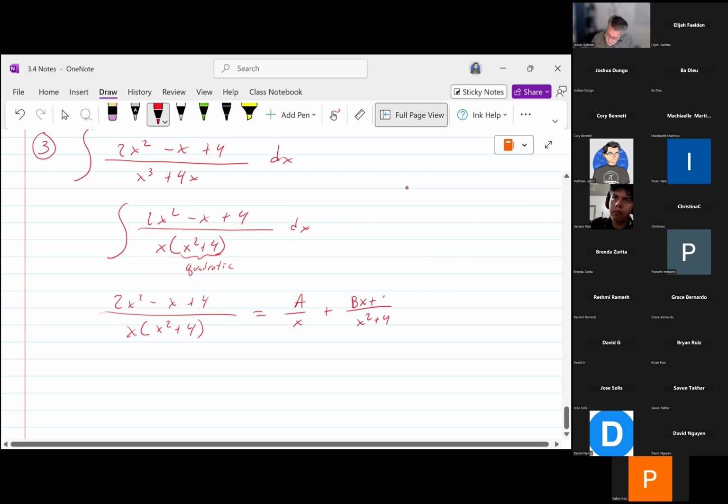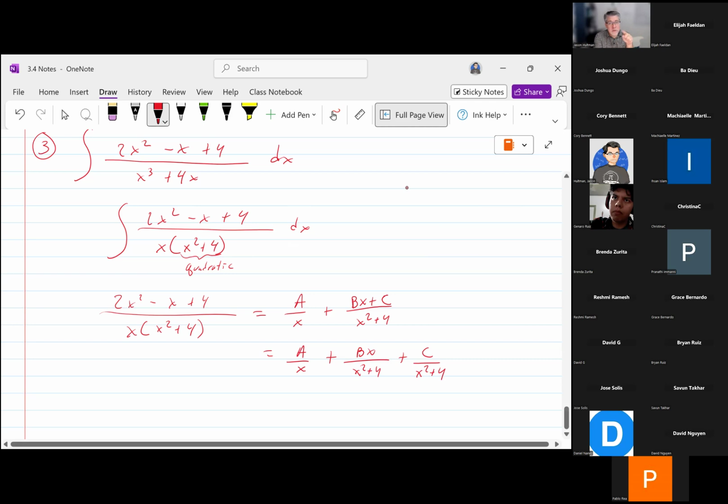We have to take into account that we could have an x term, or we could just have a constant term. So this really ends up as a over x plus bx over x squared plus 4 plus c over x squared plus 4.